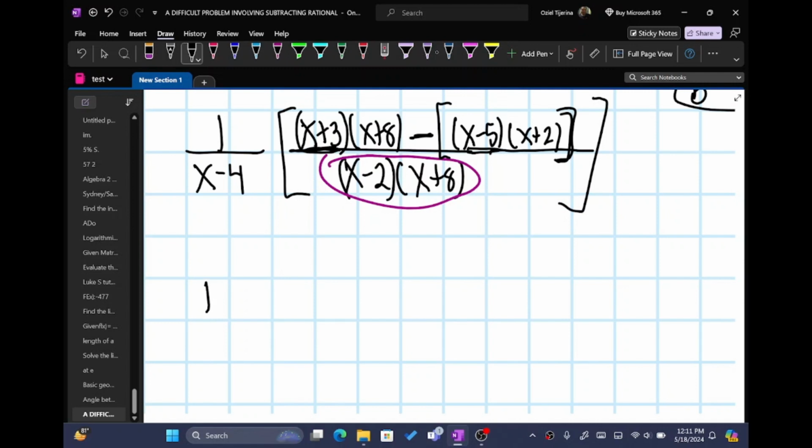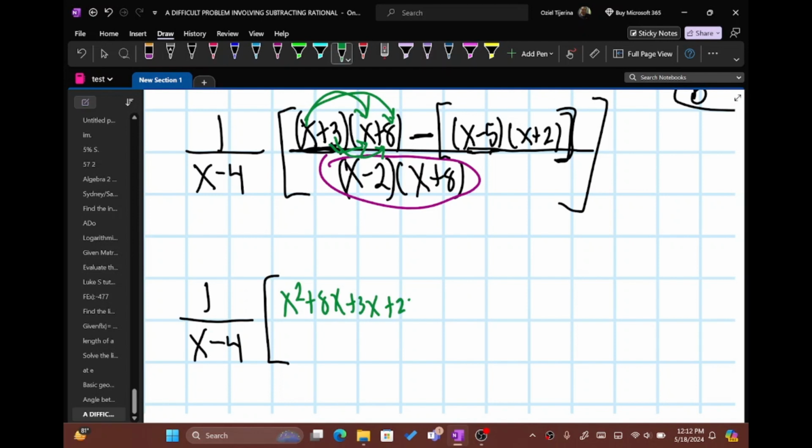So then we have 1 over x minus 4 times the quantity, and we're going to do FOIL, so x squared plus 8x plus 3x plus 24, and then we're going to put that in one expression, and I'm going to simplify it in a minute.